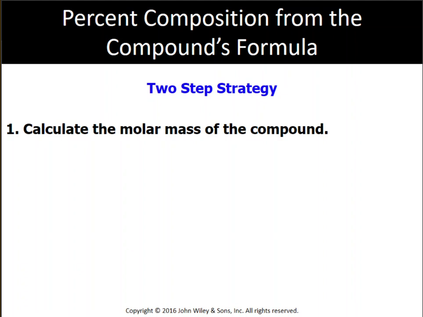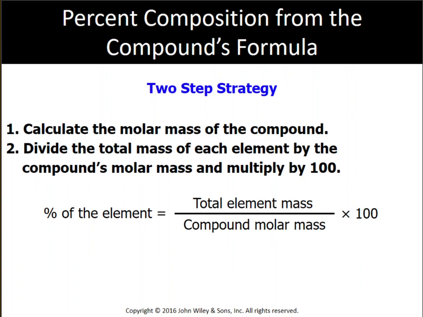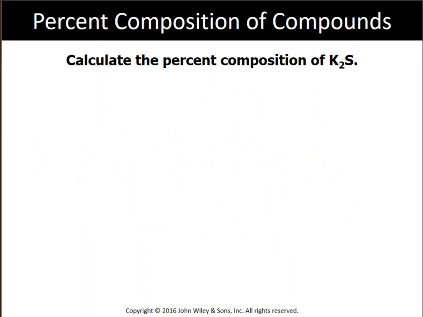So in general, in order to find the percent composition for a formula that is known, you find the molar mass of the compound, and then you divide the total mass of each element by the compound's molar mass in order to find the percent composition of each element in a compound which is known, where you know what the formula is.